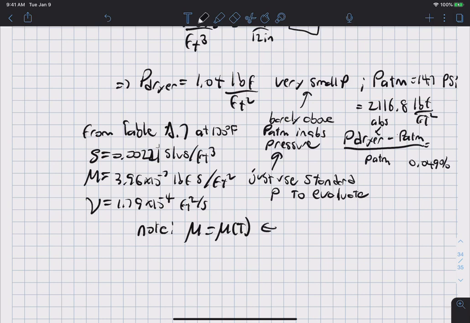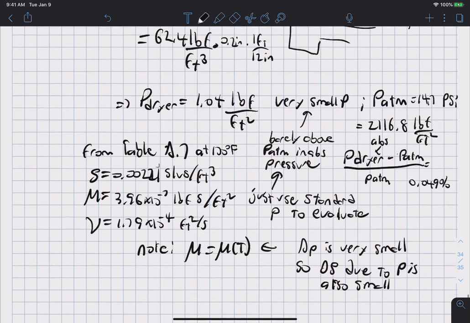So because the viscosity is only a function of temperature, and also delta P is very small, the delta rho due to P is also small. Okay, and so we can use table A.7 because the pressure is essentially atmospheric pressure. It's just a little bit above it, just enough to drive a tiny flow.